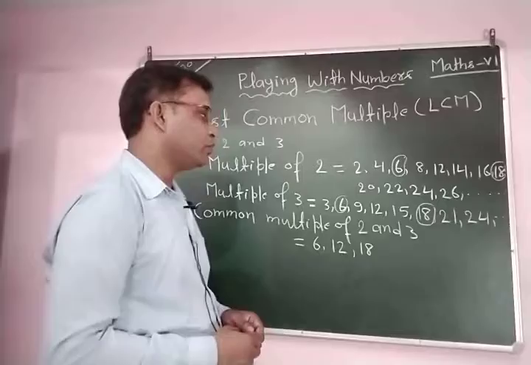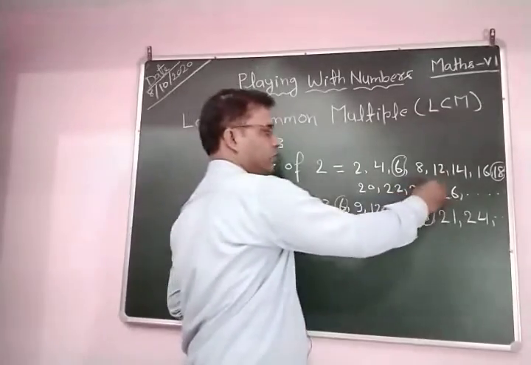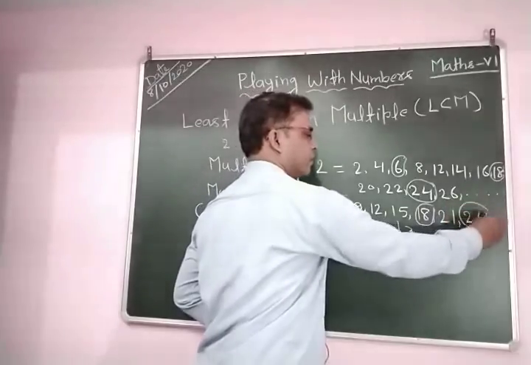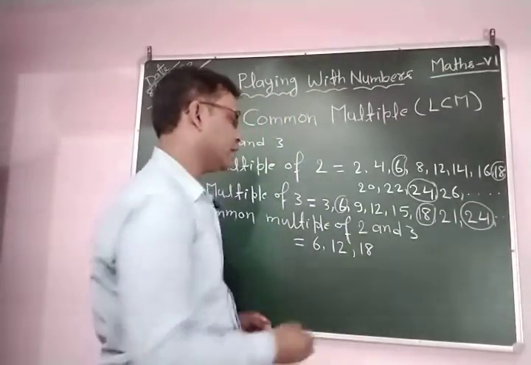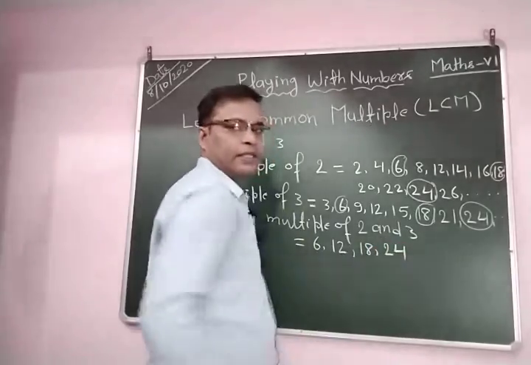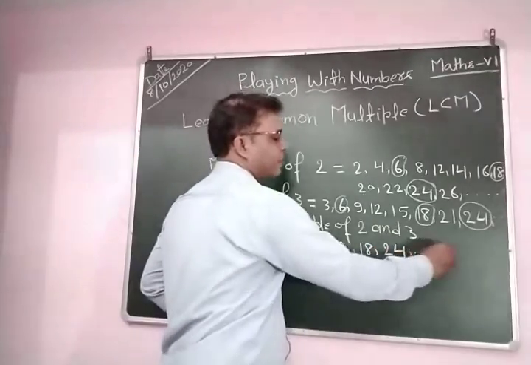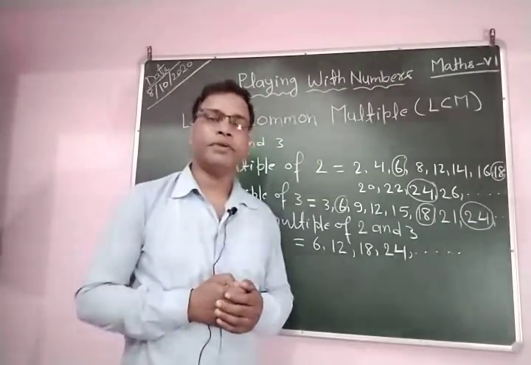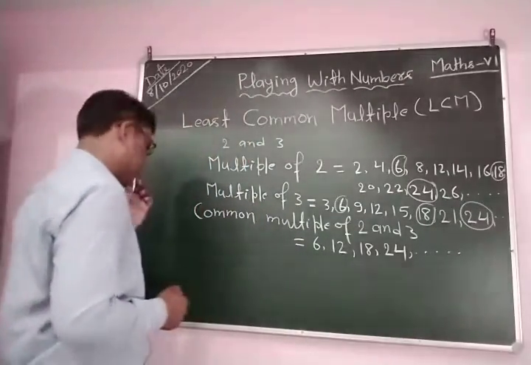And next, you can see 24. Here 24 is also a multiple of 2 and 3, and so on. We can find a lot of common multiples of 2 and 3.